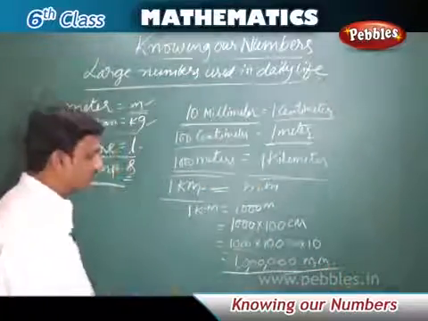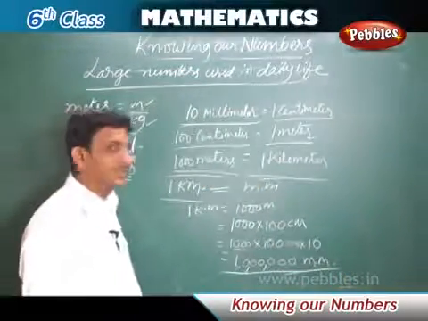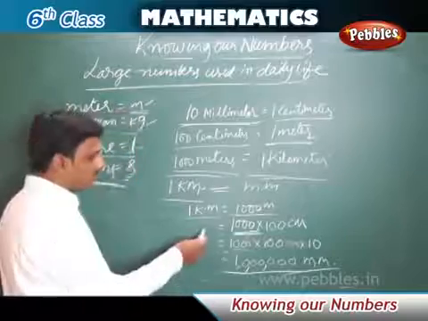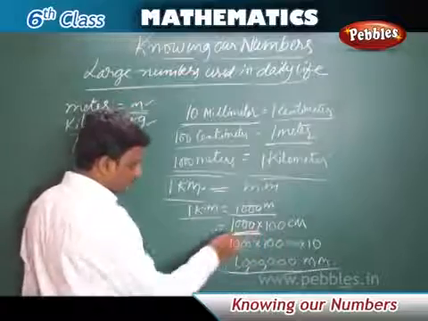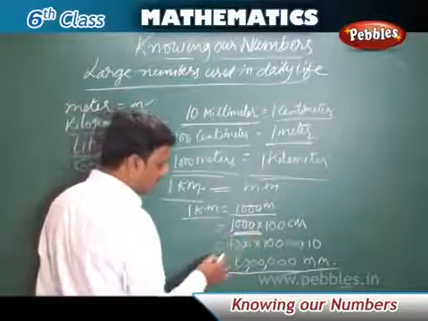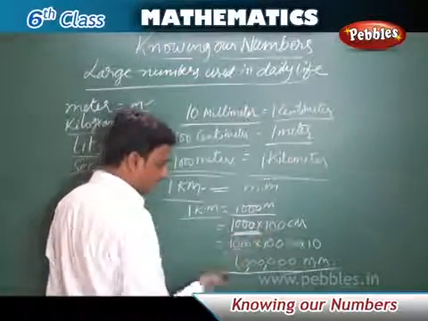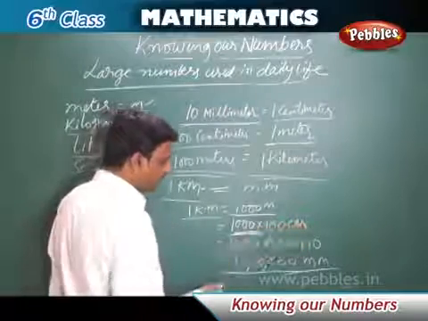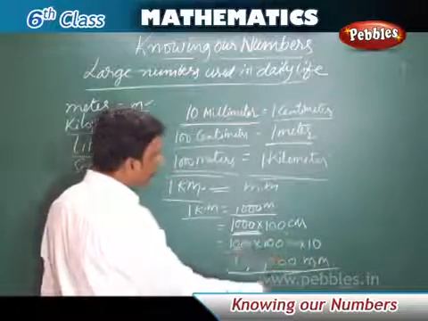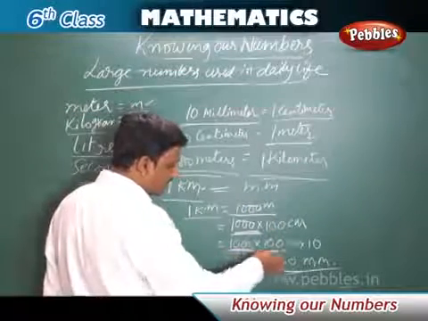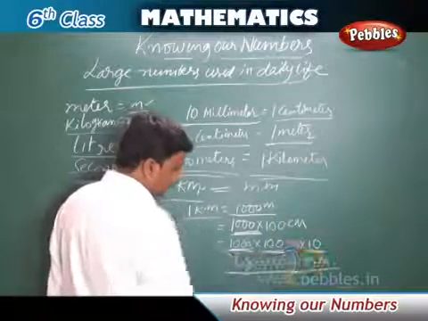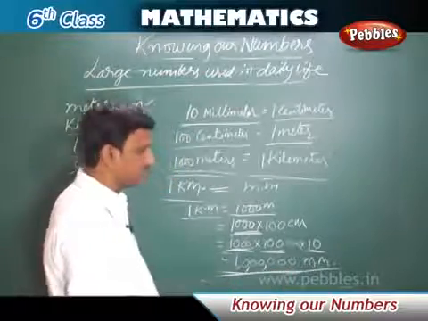So 1 kilometer is equal to 10 lakh millimeters. Here 1 kilometer is equal to 1000 meters. If we want to express 1000 meters in centimeters, it is 1000 into 100. If we want to express it in millimeters, it is 1000 into 100 into 10. So it is 10 lakh millimeters.